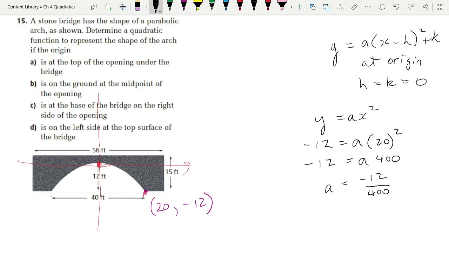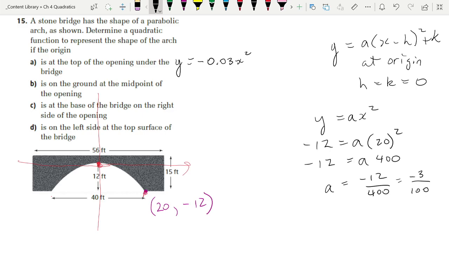I'll probably go to a decimal on that. 4 goes into the top 3 times, and 4 goes into the bottom 100 times. So that's negative 300ths. So my final answer for A is negative 300ths x squared.